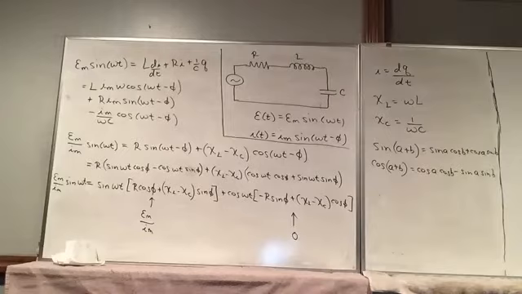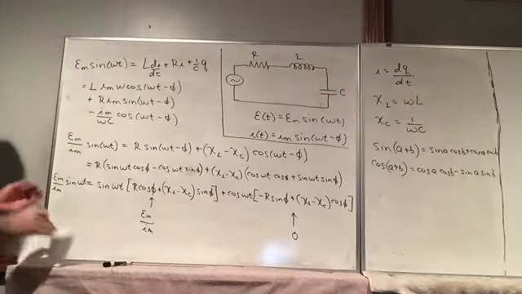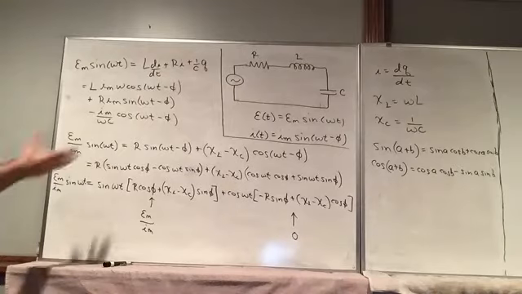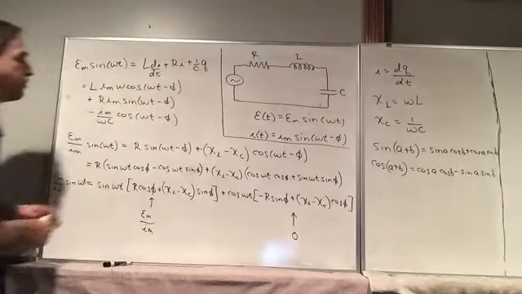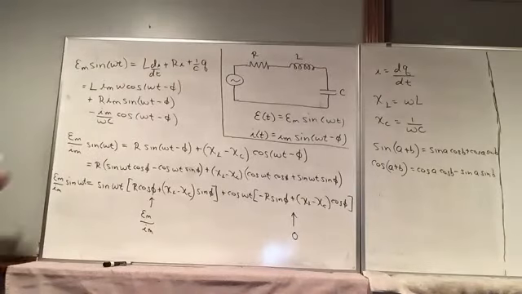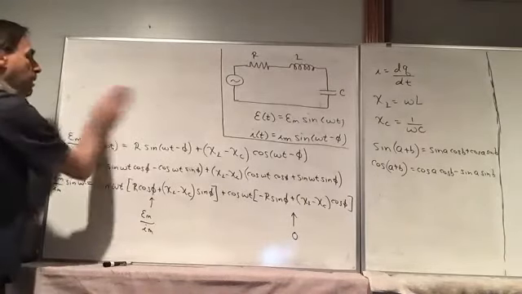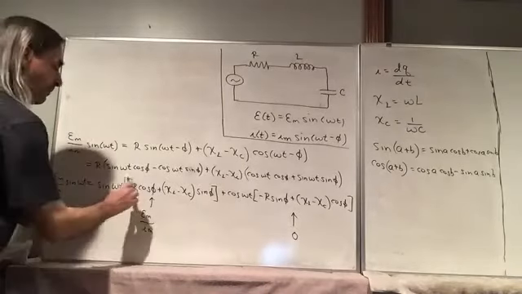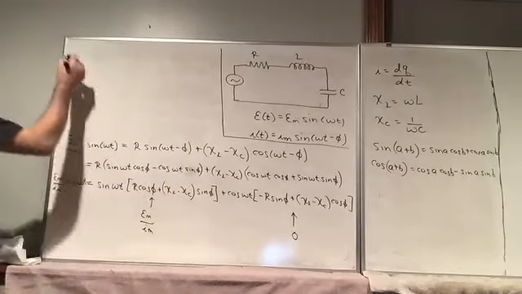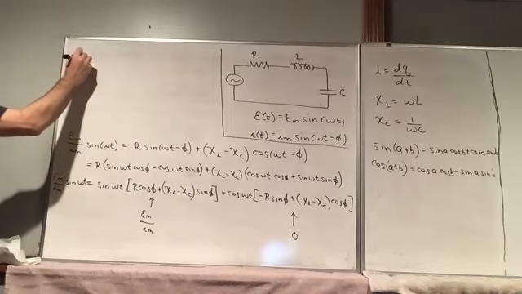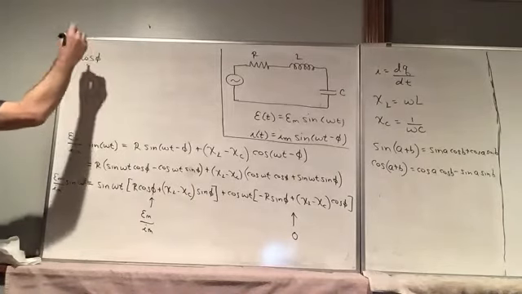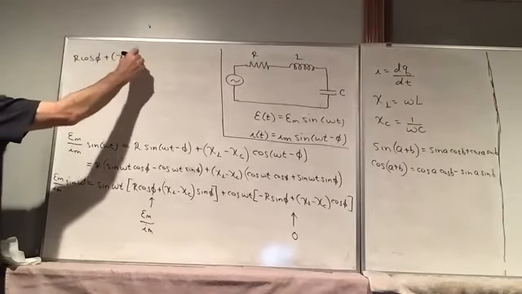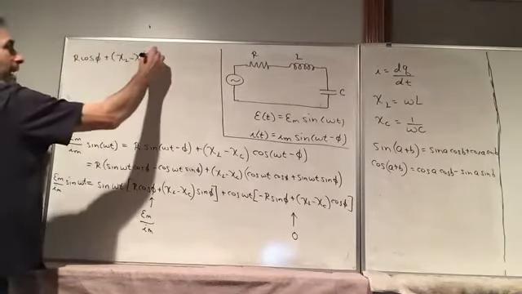I am out of room, so I'm going to have to erase what we've done previously. But what we did by starting out with this equation and guessing our solution, we're able to get these two equations now. So let me write those down. We have r cosine phi plus xi L minus xi C sine of phi.